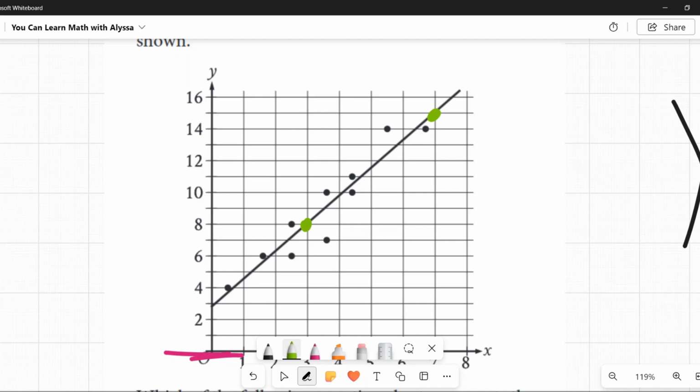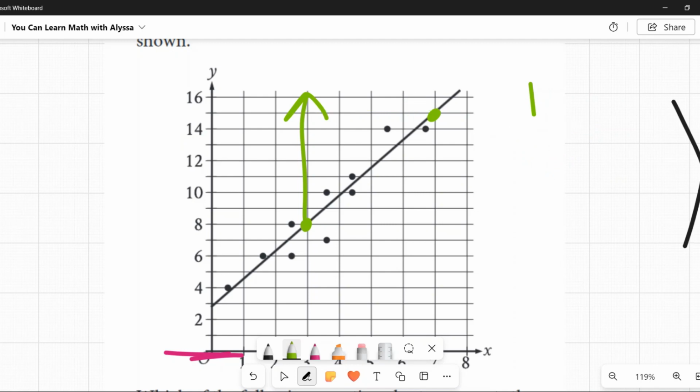You could take those points and see how far up does it go and how far to the right does it go. And this is going to give you a positive number because you're going up towards the positive, so it's a positive number on top. The rise, or change in y, goes on top. And then it's going towards the right, towards the positive x, so it's going to be a positive number on the bottom. Positive divided by a positive is a positive. So that's another way to confirm.